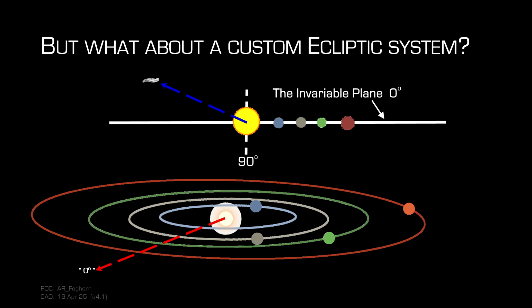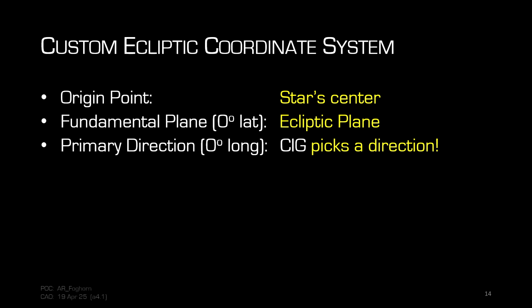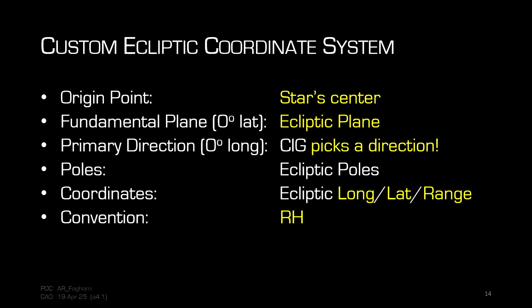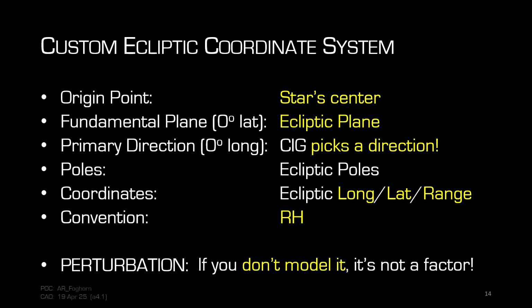In Star Citizen, you could just point it wherever you want, and then after that, everything else falls into place. Most other spherical systems are right-handed, so I would just by convention say it's right-handed. And of course, because it's a computer, if you just don't model perturbation, which I don't know why you would even try, it's not a factor. And that's what I would suggest they do.